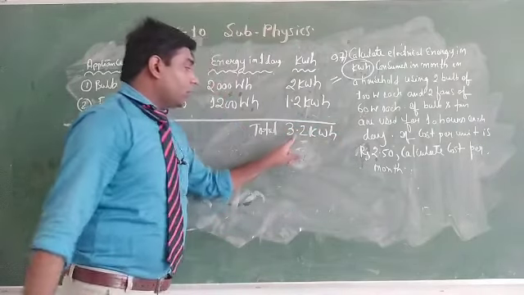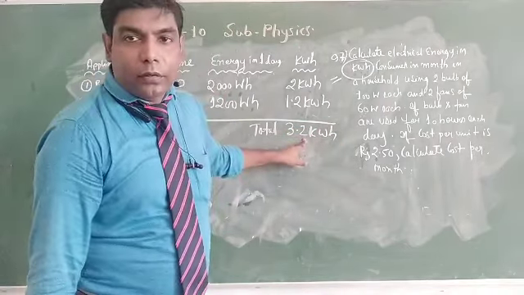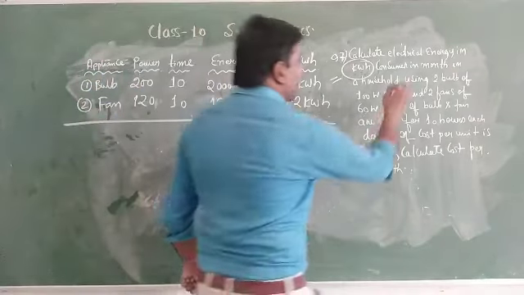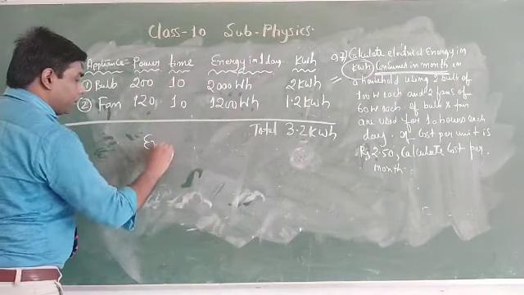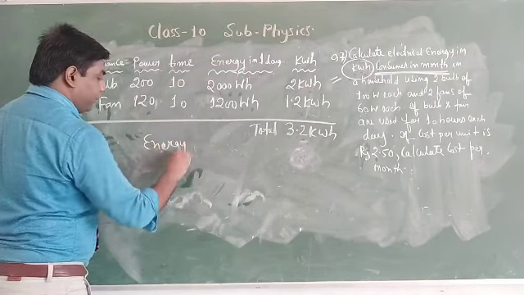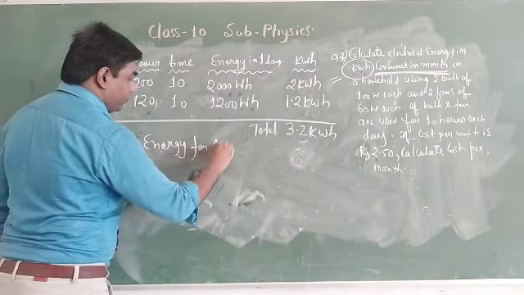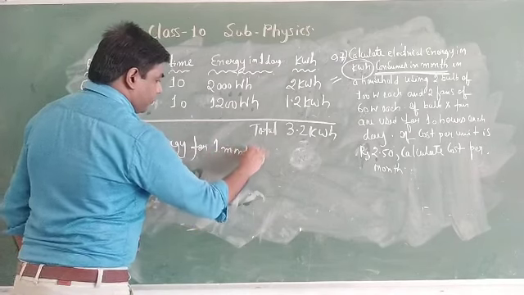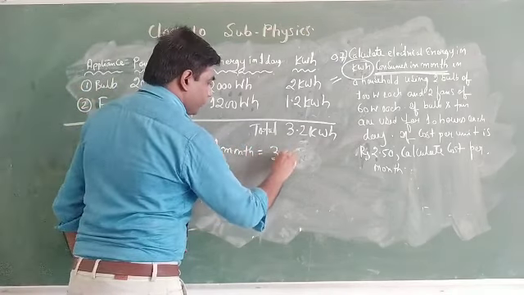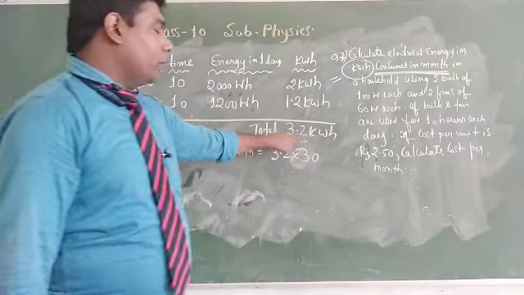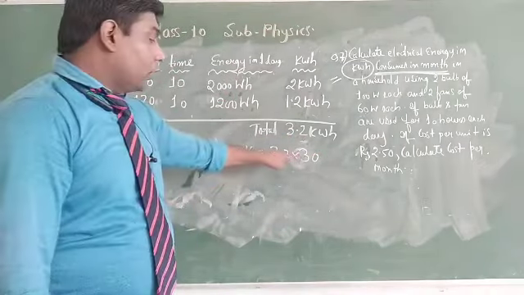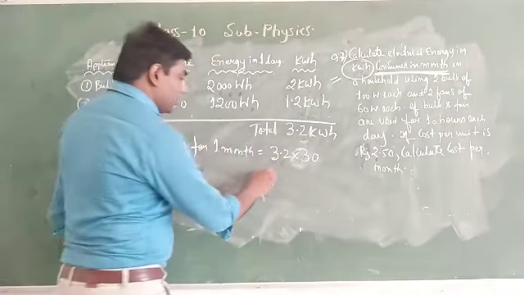In 1 day, the total energy consumption is 3.2 kilowatt hour. But they are asking for 1 month. So in 1 day 3.2, in 30 days 3.2 into 30.